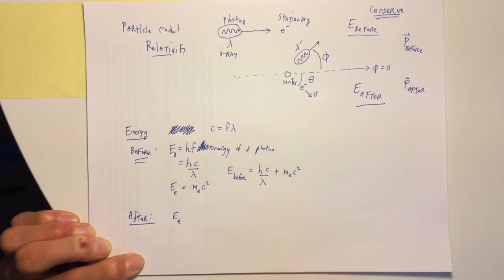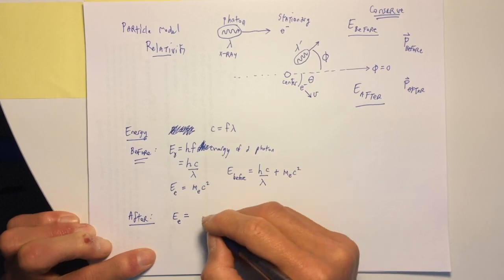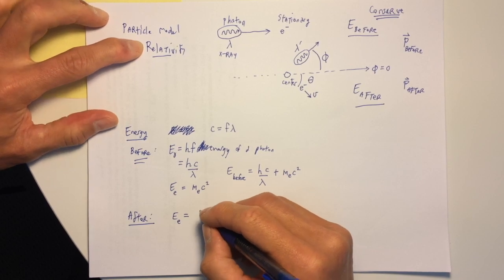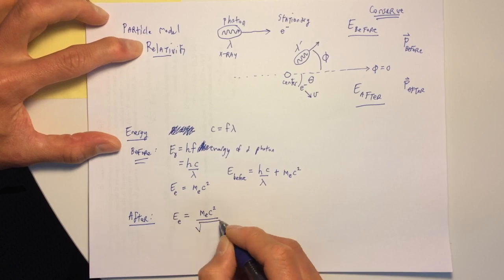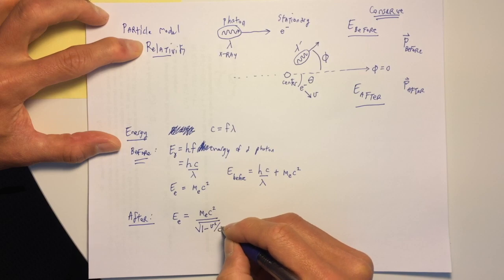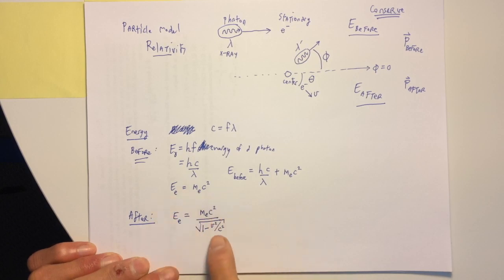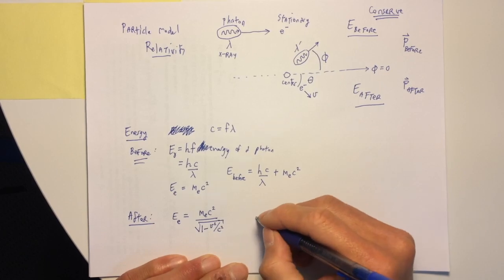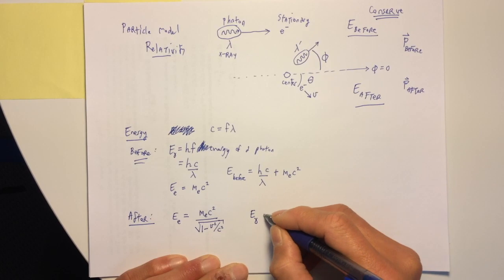So the energy of the electron afterwards, it's not just rest energy, because now I have kinetic energy, and the way that gets written down as a relativistic expression is you take the rest energy of the electron and you divide by the square root of 1 minus the speed of the electron divided by the speed of light squared. So this is the relativistic total energy, not just kinetic energy, but the total energy of the electron.